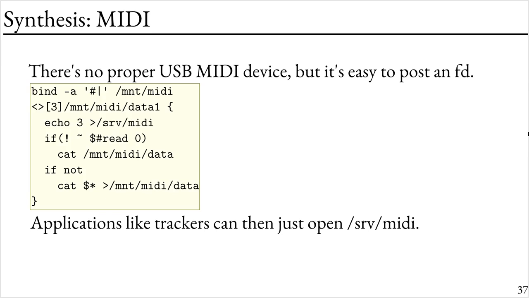So this MIDI pipe sort of approach is something I've used for one of the trackers to be able to provide MIDI support for USB MIDI controllers that I've plugged in.